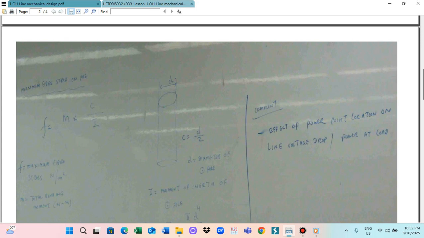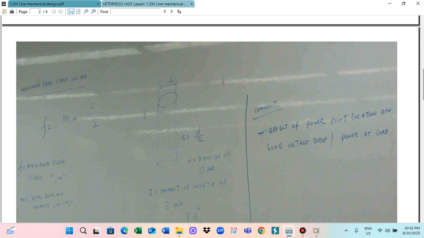C means, for example, the pole is made in this way. So this is the pole. The pole is a circular pole. We usually make a circular shape. In this case, this is the diameter D. So half of the diameter is C. In this case, C equal to D by 2.